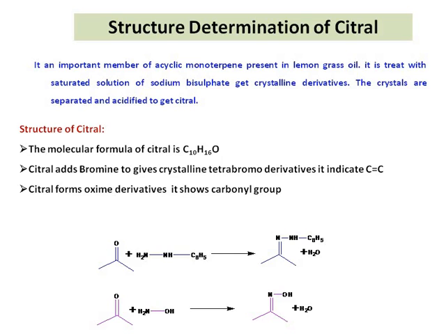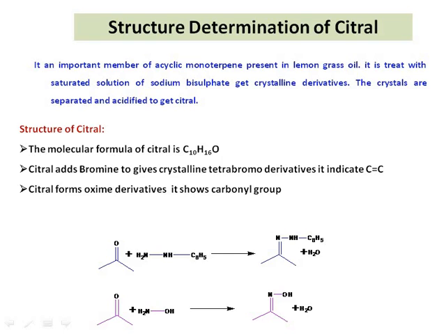Next, citral forms oxime derivatives with hydroxylamine and phenylhydrazone derivatives with phenylhydrazine. Phenylhydrazine can react with a carbonyl compound to give phenylhydrazone derivatives.